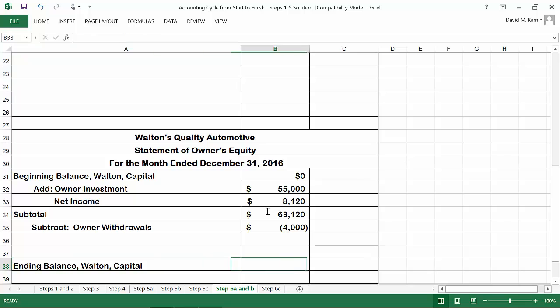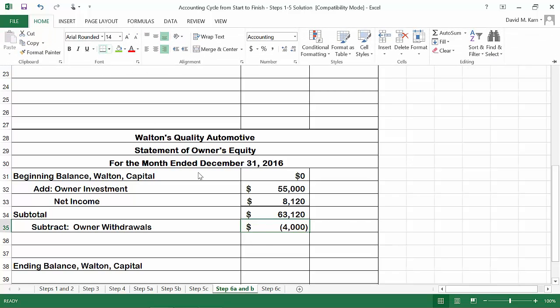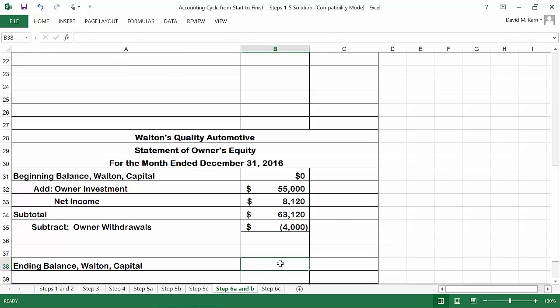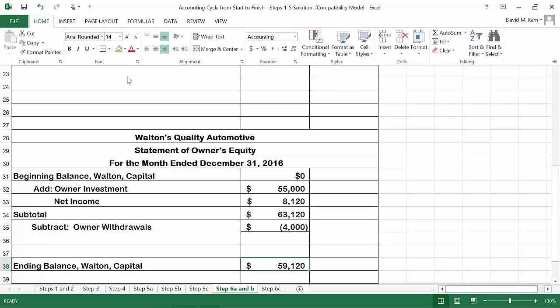And then we just simply have to subtract out the withdrawals. So we'll go ahead and put another line underneath here to signify we're going to subtract that. So we would know that really 63,120 minus the 4,000. I'm adding it here because it's already a negative number, so that's how Excel would have to calculate it to subtract it. So 59,120 would be our current amount of our ending balance of the owner's capital account.